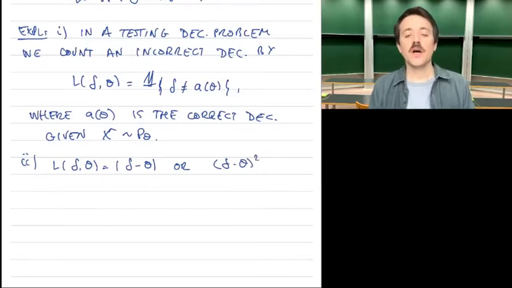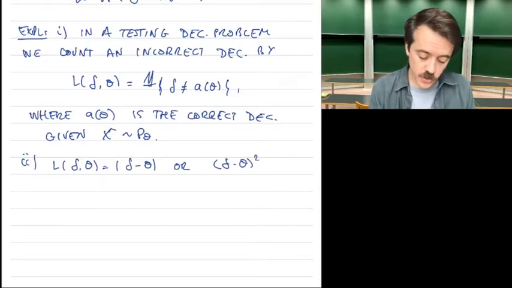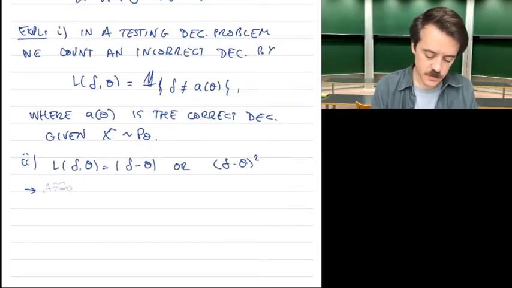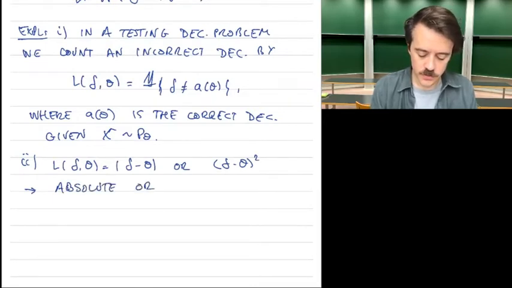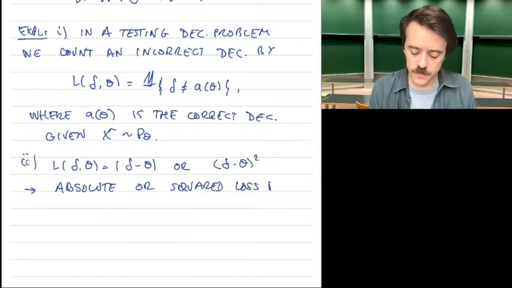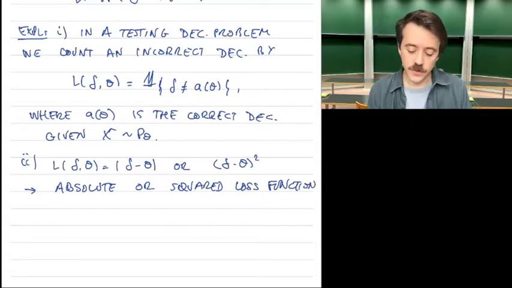Okay, so this is what is called the absolute, or respectively, of course, squared loss function, or error.